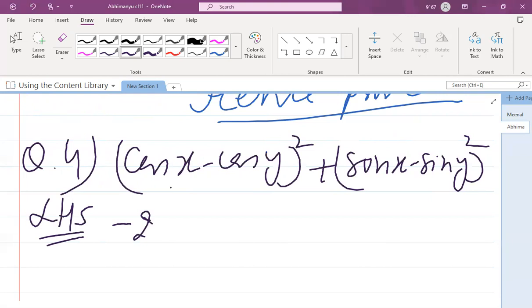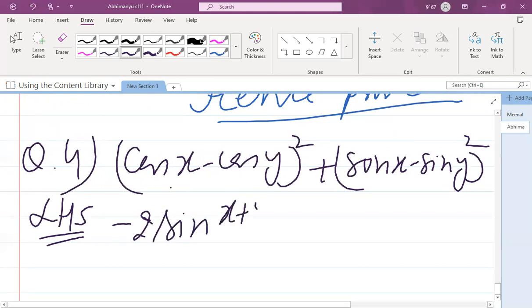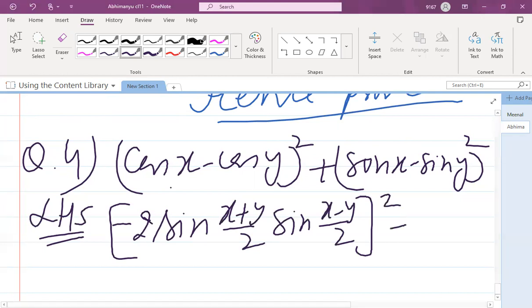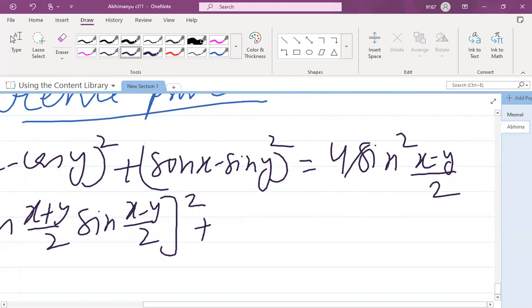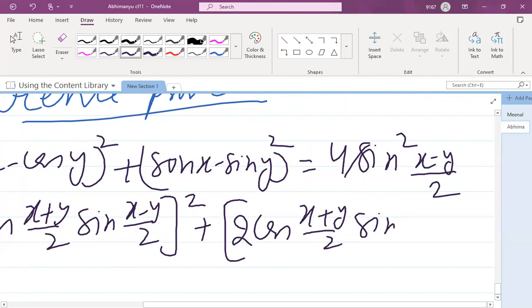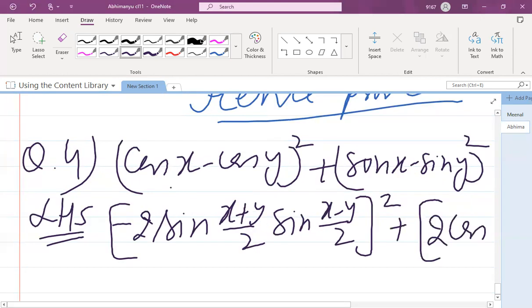So this will be minus 2 sin x plus y by 2 into sin x minus y by 2 whole square, plus again we have sin x minus sin y whole square. Again we use the identity of sin c minus sin d, so 2 cos x plus y by 2 sin x minus y by 2 whole square. This is LHS.